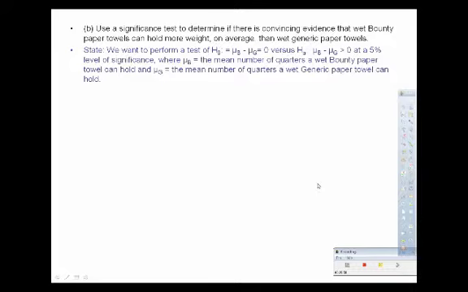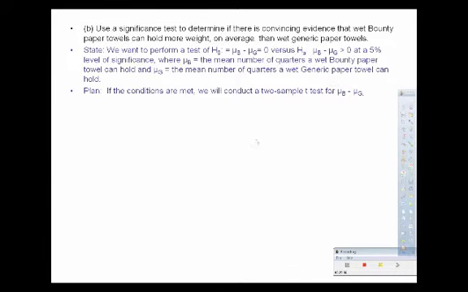We want to perform a test of the null hypothesis that the mean of the Bounty minus the mean of the generic equals 0, meaning there's no difference, versus the alternative hypothesis that the Bounty mean minus the generic mean is greater than 0, at a 5% level of significance, where μ_B equals the mean number of quarters a wet Bounty paper towel can hold, and μ_G is the mean number of quarters a wet generic paper towel can hold.